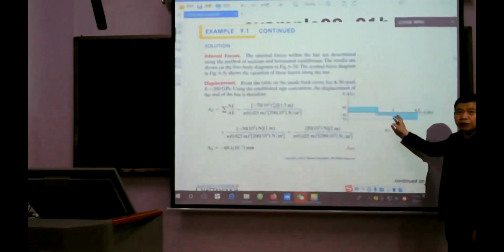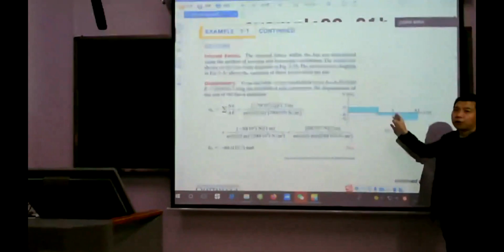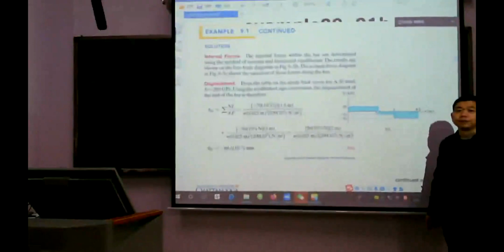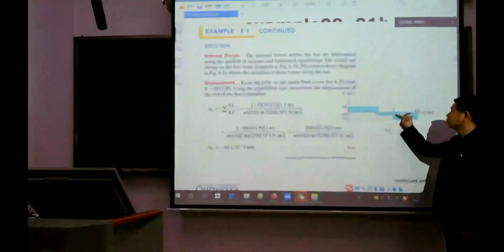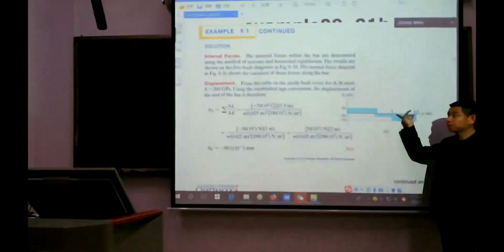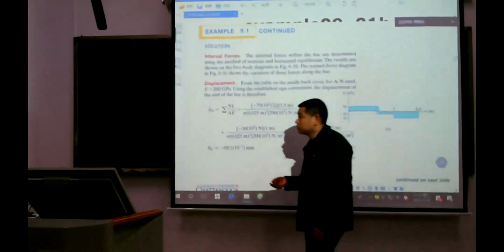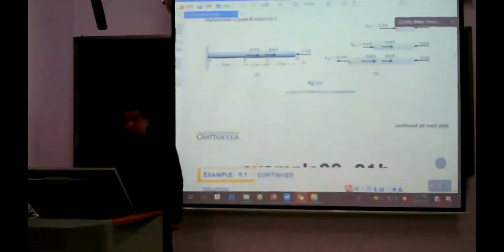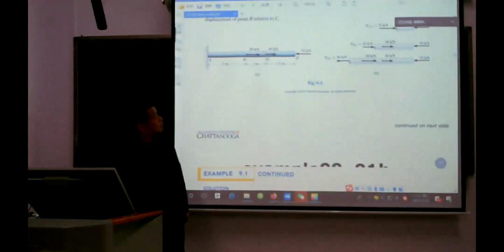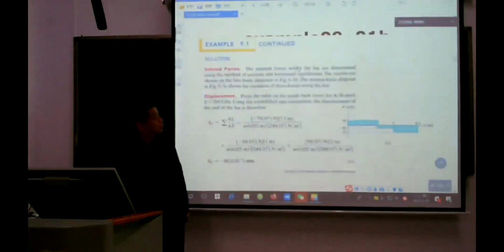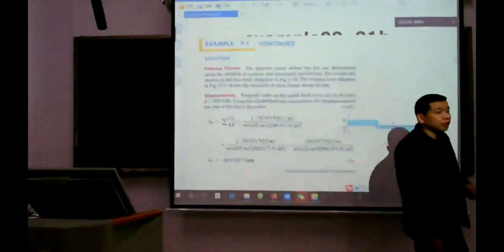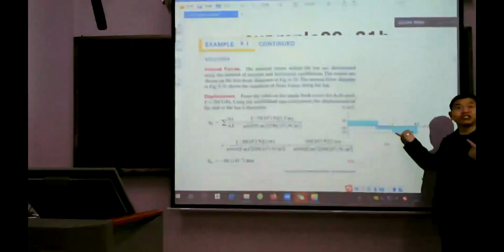This is the normal force diagram. In the part CD, the normal force is negative. CD is in compression.